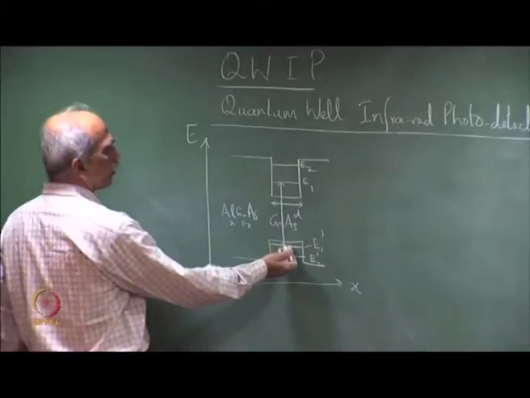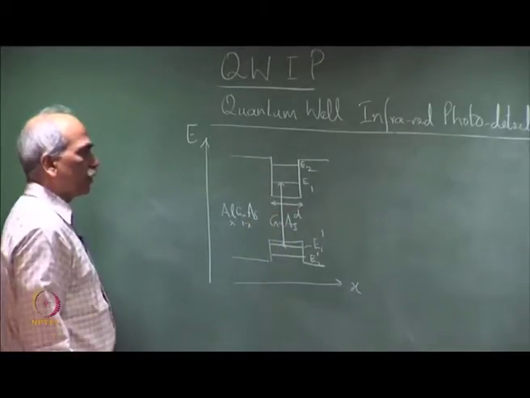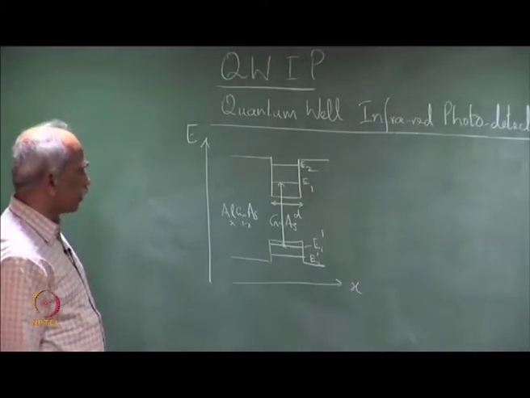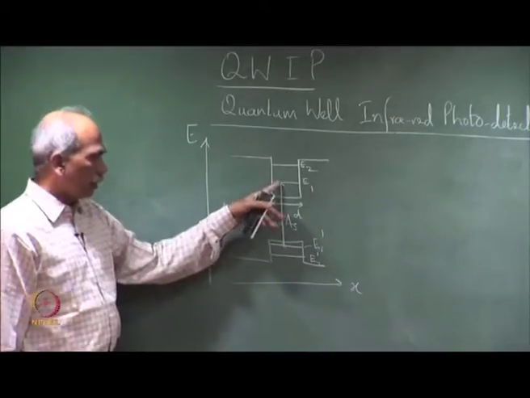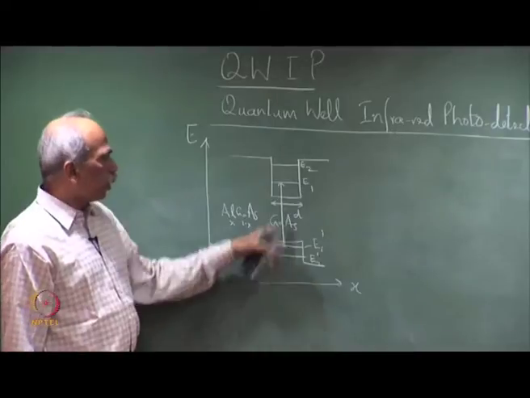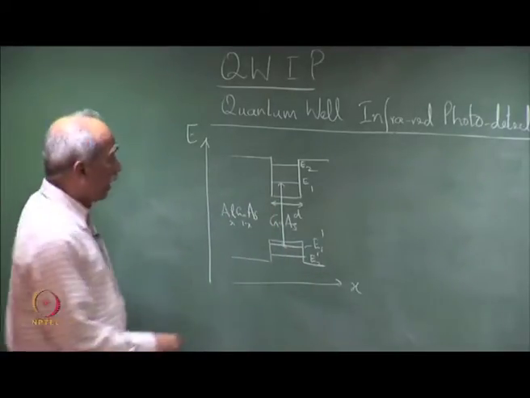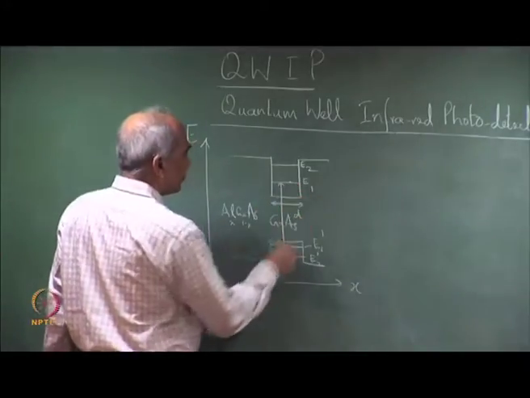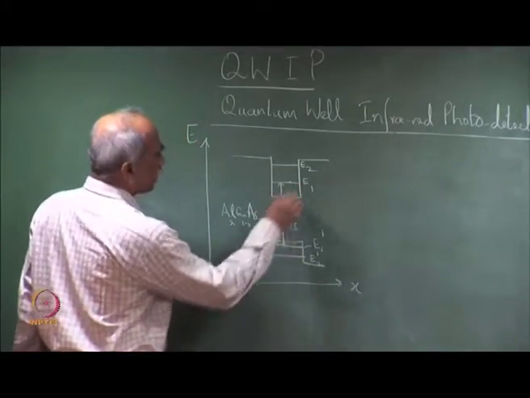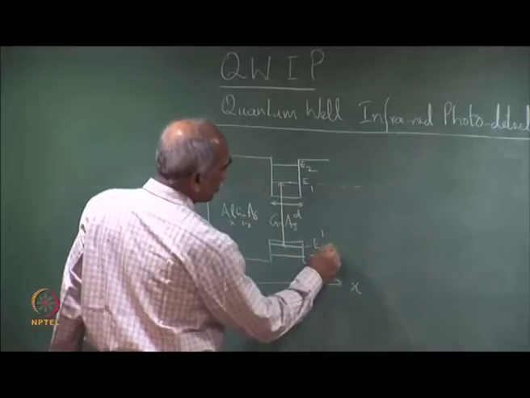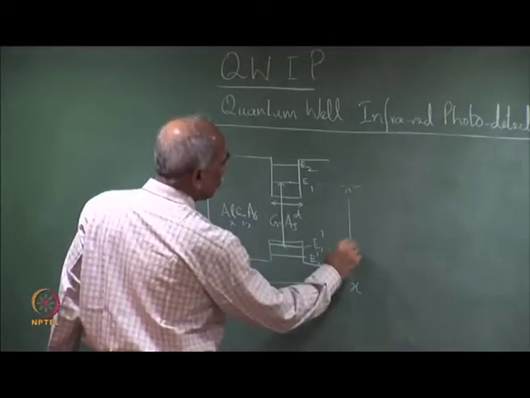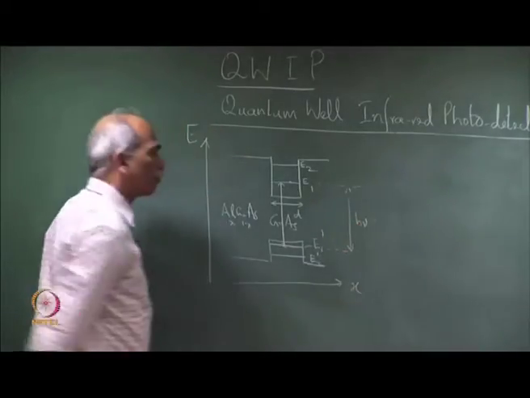So, an electron from here can make a transition to the conduction band to E1 and create a hole and an electron in the process. This would require an energy difference which corresponds to this. So, the h nu should correspond to this.